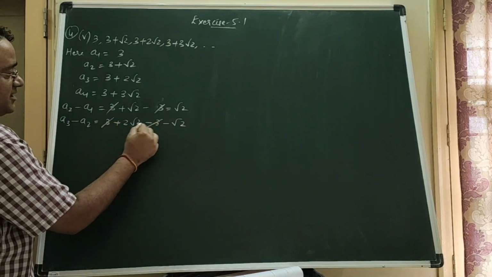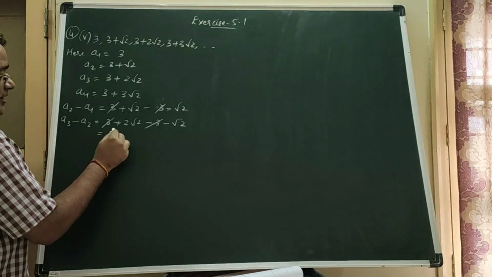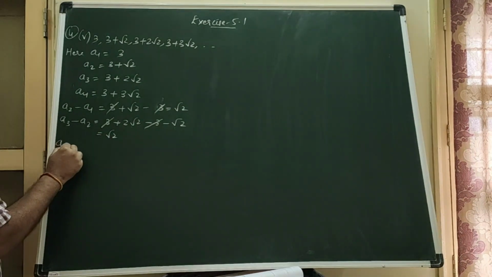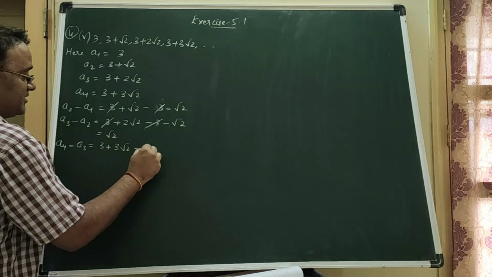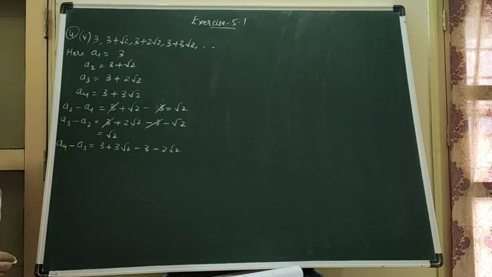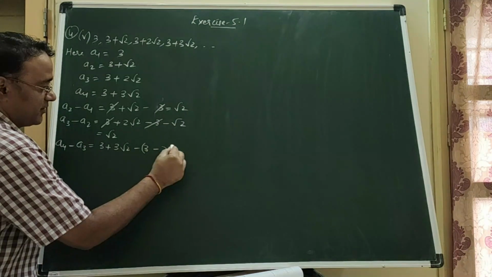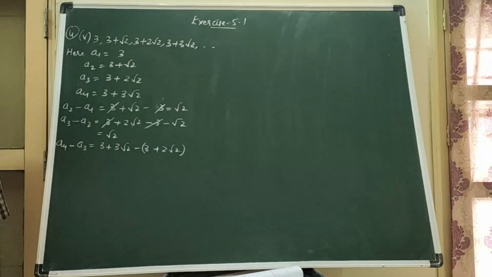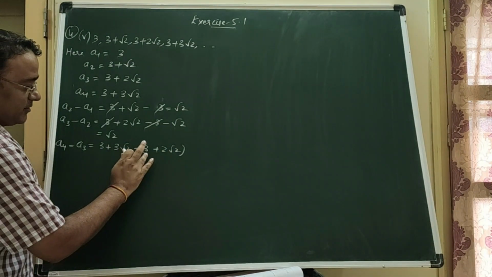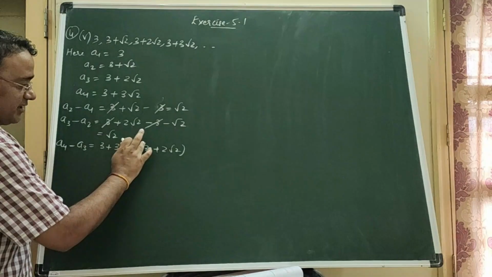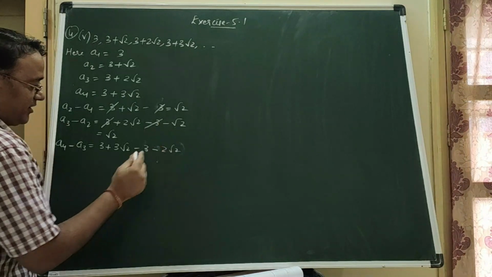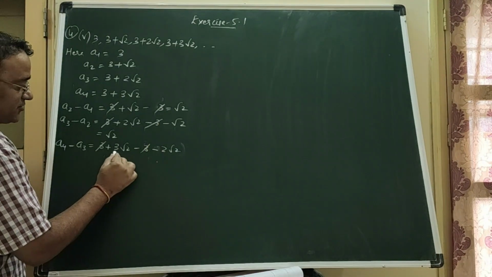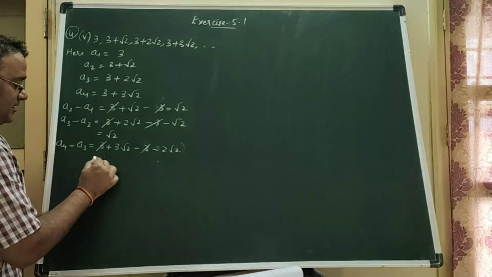So 3 cancels, again 2 root 2 minus root 2 is equal to root 2. And a4 minus a3, 3 plus 3 root 2 minus 3 plus 2 root 2. If you write in bracket, this will be plus, but I am writing directly, not writing the bracket, so this will become minus. So the 3 will be cancelled, and 3 root 2 minus 2 root 2 will be root 2.